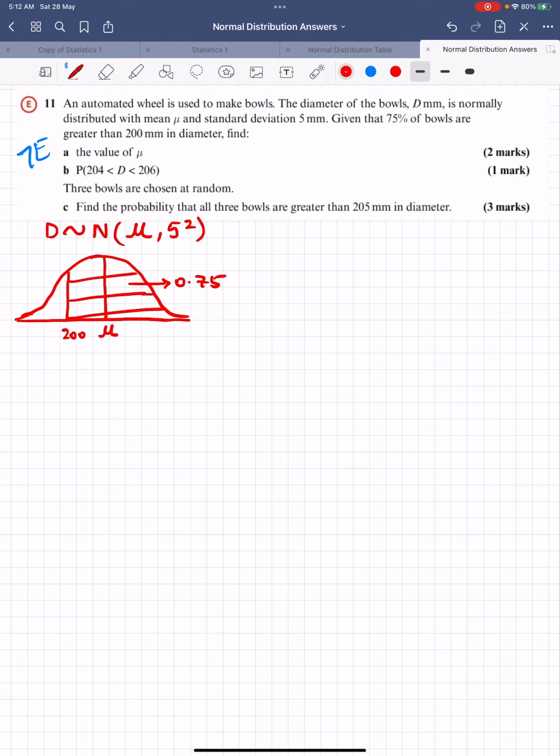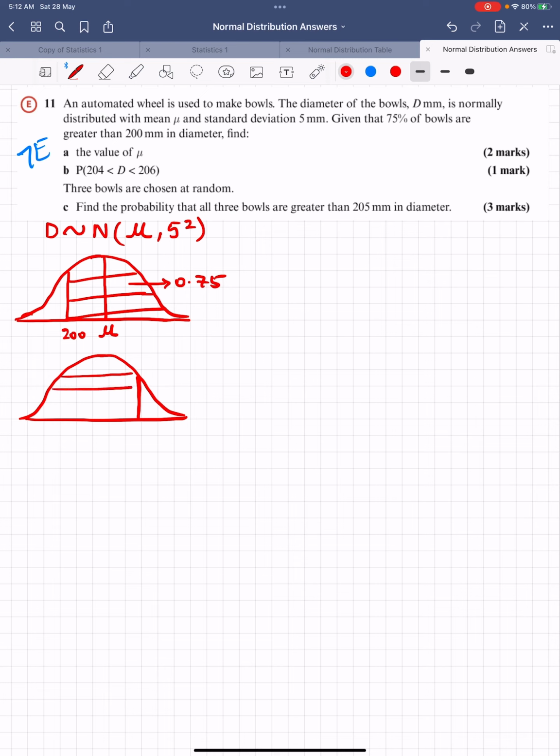First we need to find the z value that corresponds to a 75% probability. We can use the Casio ClassWiz calculator to find it.